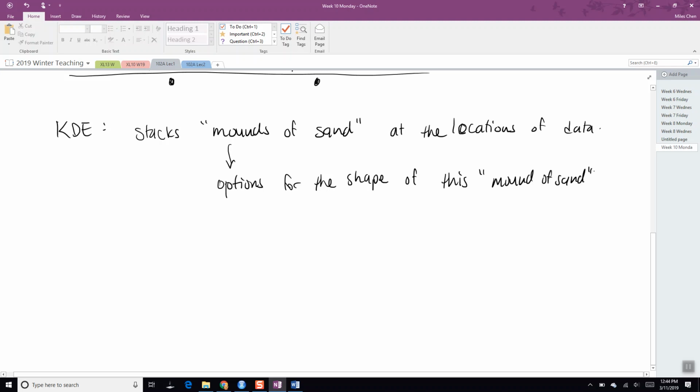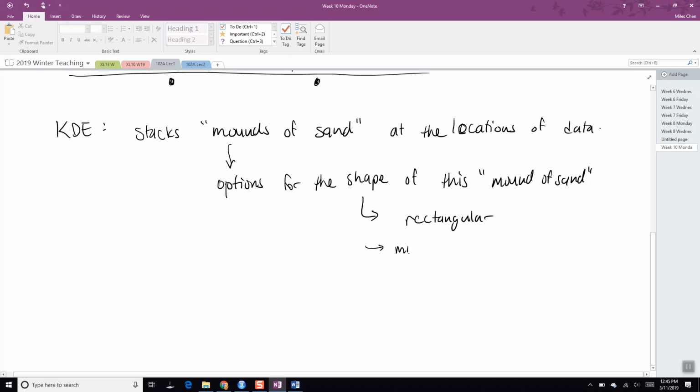I don't know what the right word is, because when it lands, it stays and it keeps its shape. It doesn't spread out like sand does. So you're dropping these shapes that can stack on top of each other. But you have options for the shape of this mound of sand, and so you can do rectangular.